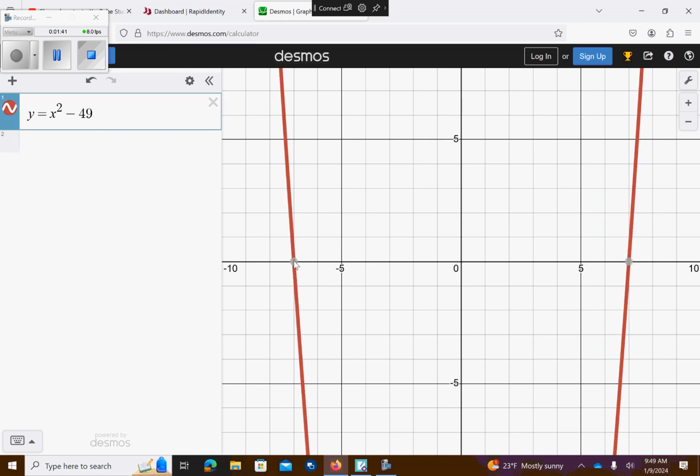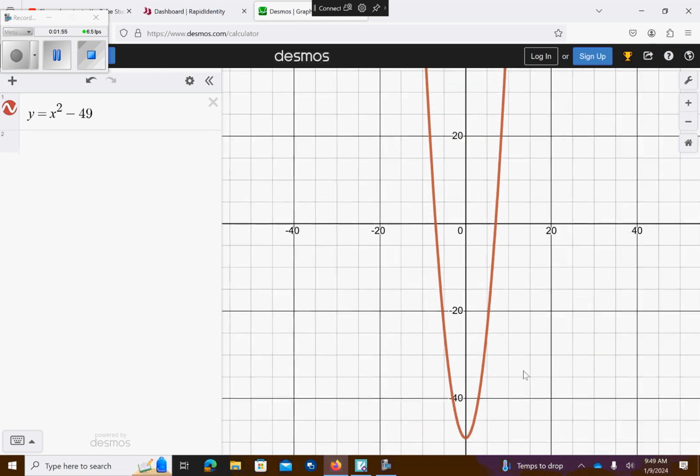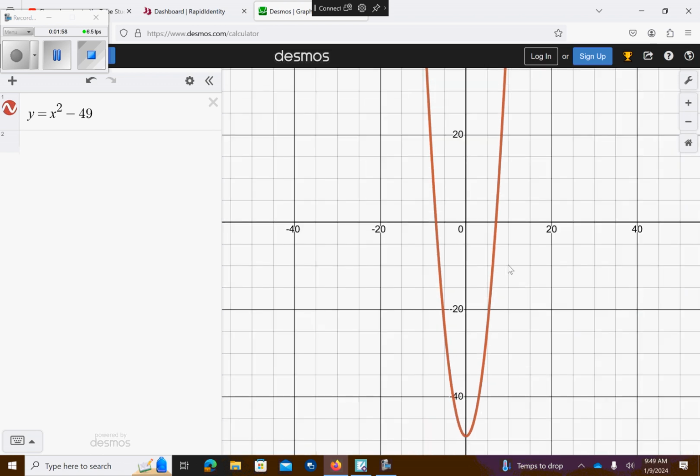Okay? So the nice thing about Desmos, if I click here and I click here, it gives me two places in which it crosses the x-axis. Agree? And what I could do is I can pinch this down and I say, hey, look, it's a parabola. Sweet, it's a parabola. It's way down there. Desmos is very easy to pinch and release, but you can find where it crosses the x-axis.